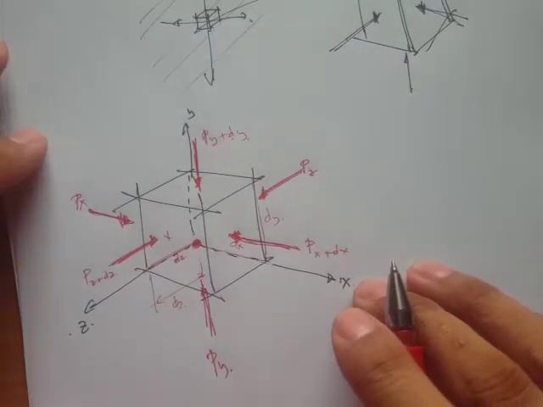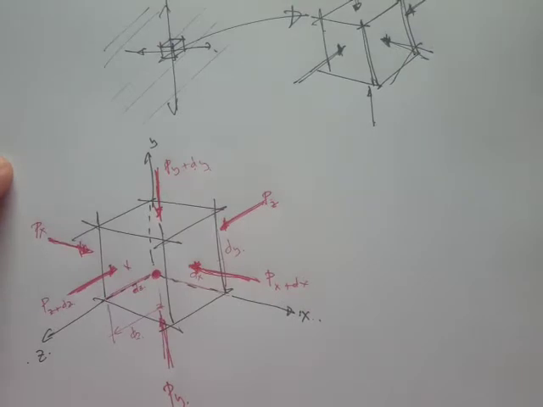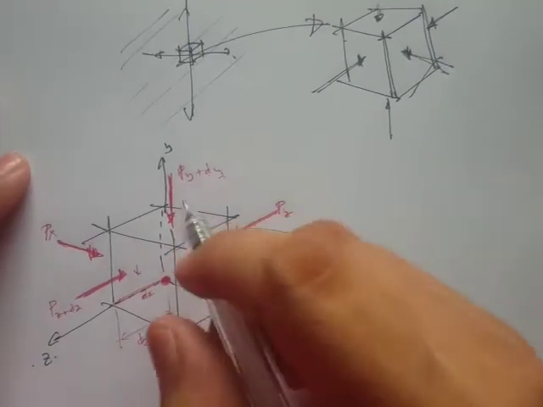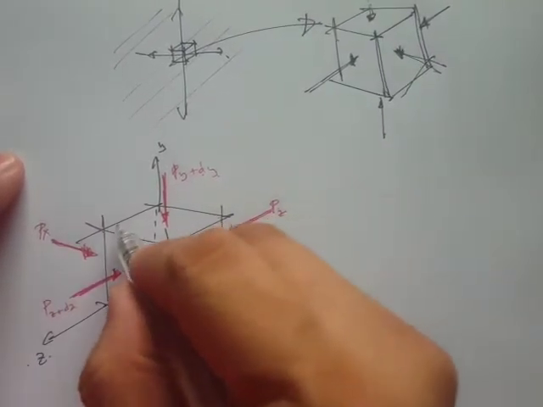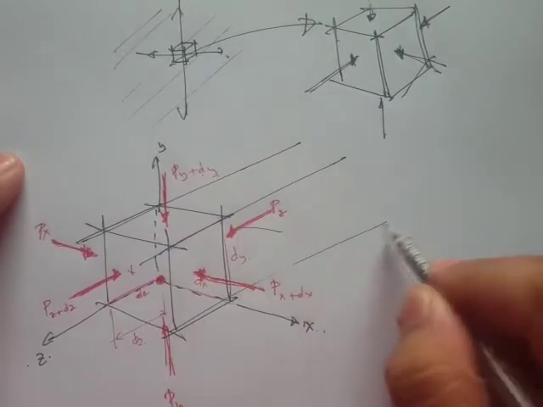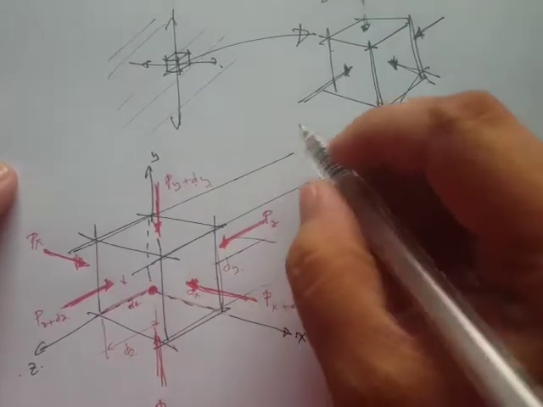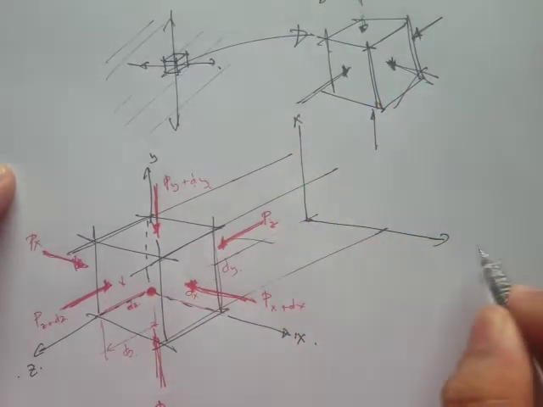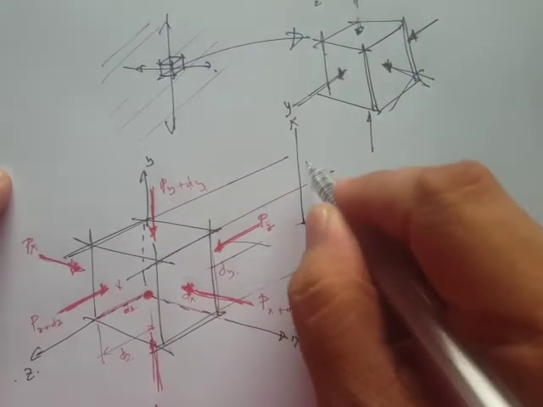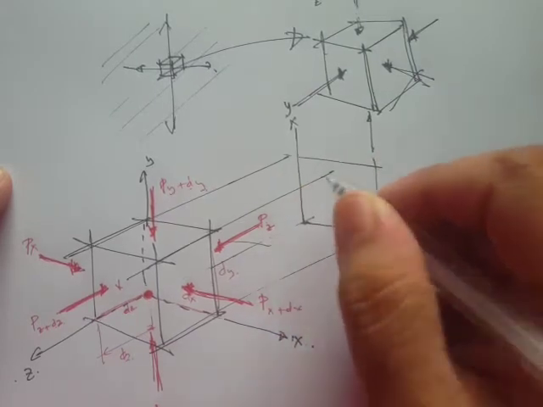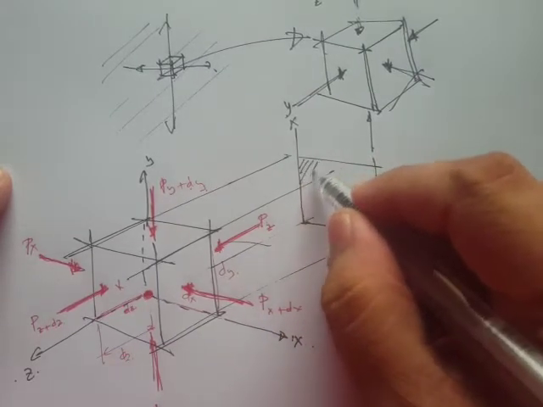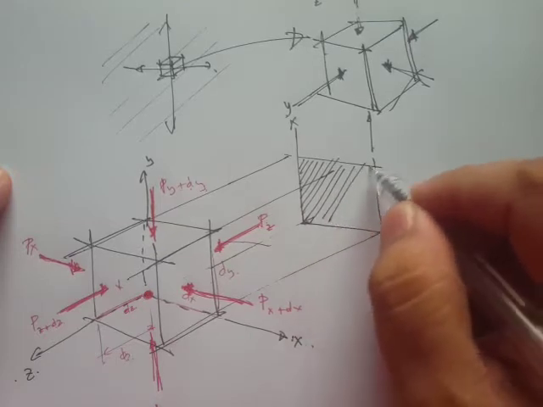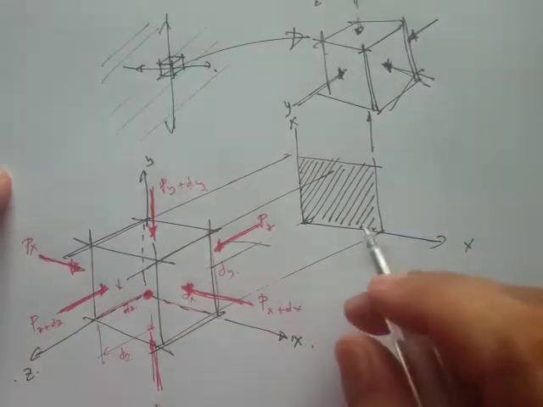Okay, so we can project this into a two-dimensional plane. Okay, and this will be x, and this will be y, and this will be our differential volume projected into a plane.